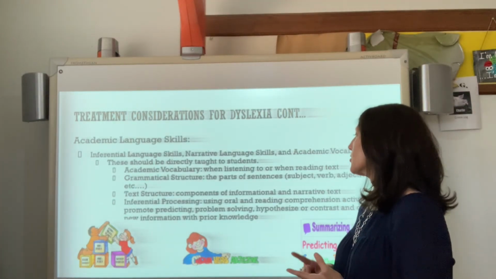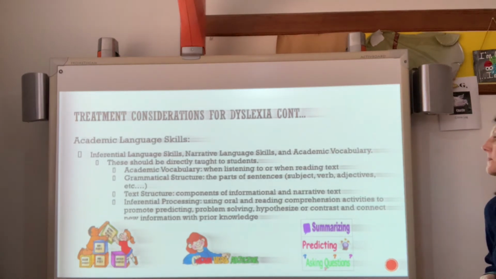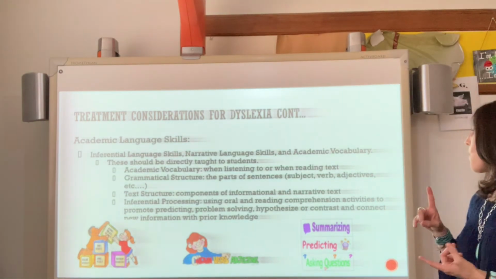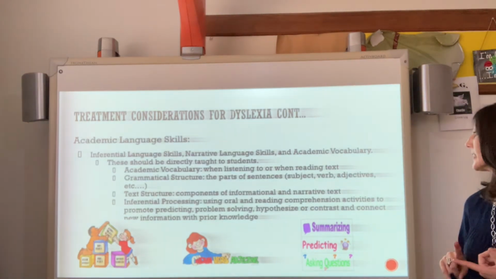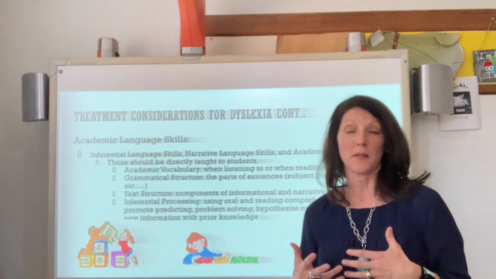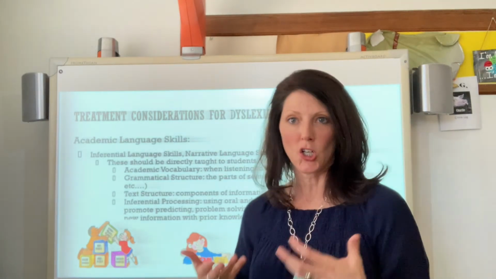Inferential processing, using oral and reading comprehension activities to promote predicting, problem solving, hypothesis, or contrast, and connect new information with prior knowledge. And there again, that's where new learning occurs.